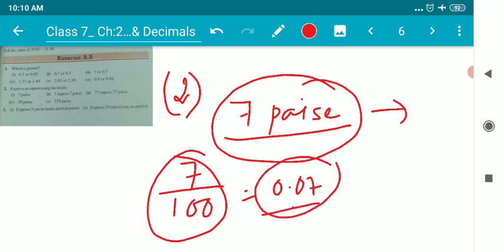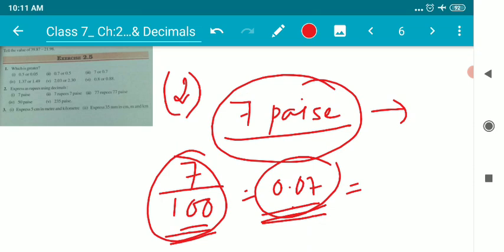We can simply use a calculation in our mind. We just check what the denominator is. If the denominator is 10, 100, 1000, 1 lakh, such types of numbers, then dividing 7 by 100, we get 0.07. Two zeros means the point will come before two digits from the right hand side. 7 is one digit, so I need one more digit in order to make it perfect. So I'll take 0.07.